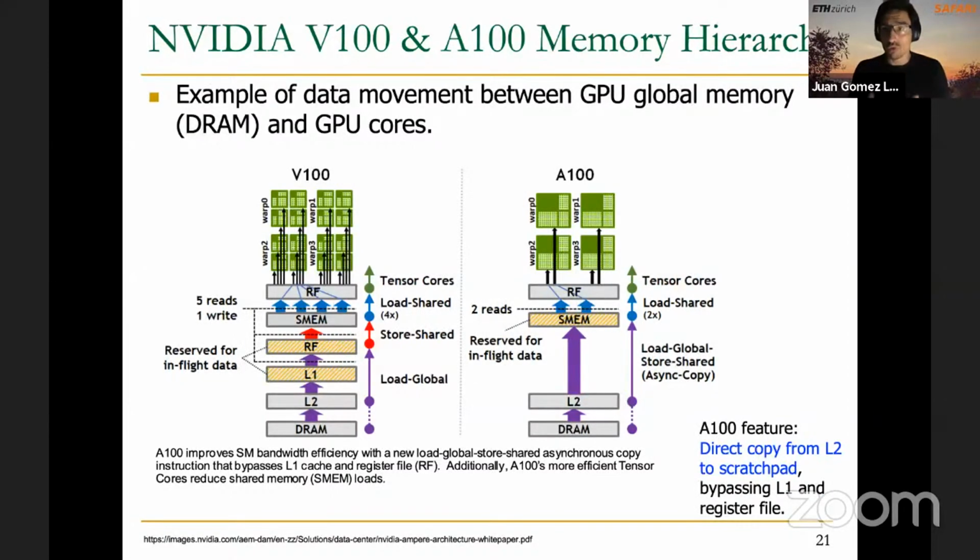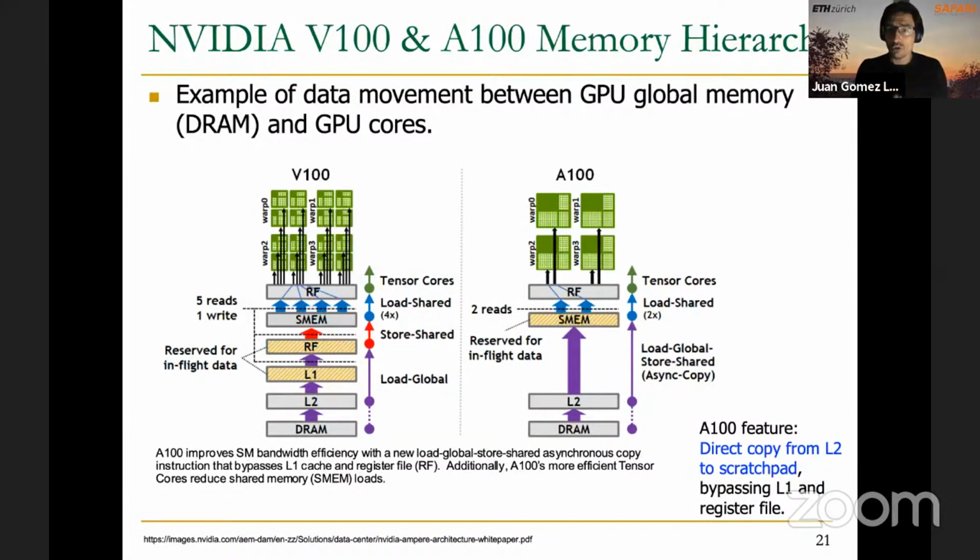And the normal way of using this shared memory, as you will see, is keeping in shared memory data that is going to be frequently used, and it's coming from global memory. So what we normally do is reading some chunk of data, or some tile of data, from the global memory and putting it into the shared memory.